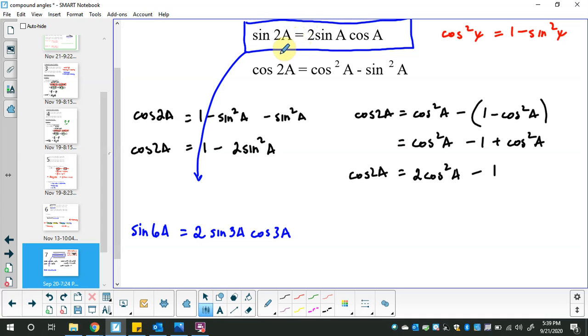So I can pick any even angle. So sine, I don't know, 34x. The 2 stays there. I have to find half of 34, which is 17. So 17 of the x's goes there, and 17 of the x's goes there.